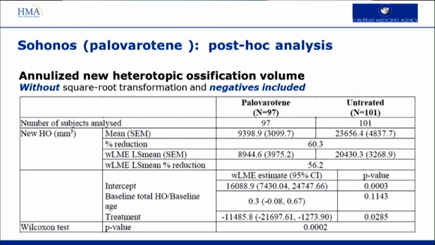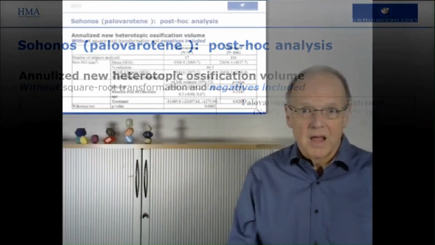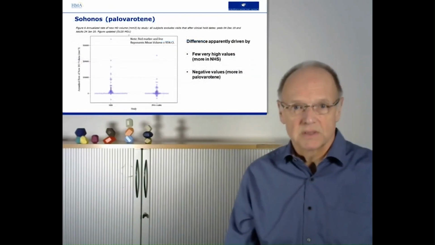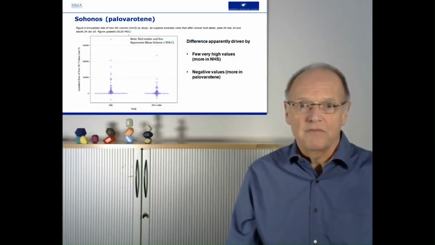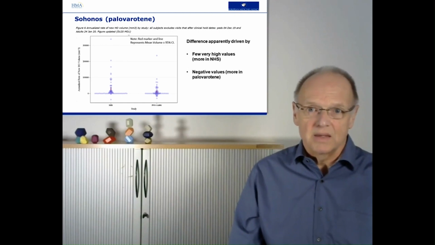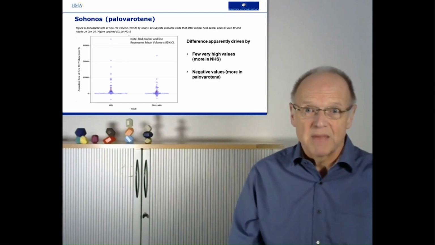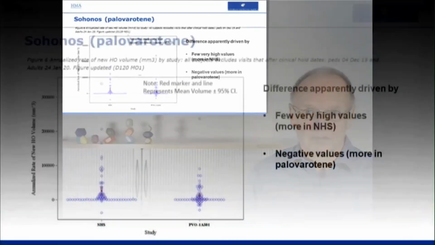And now, in this post hoc analysis, there seemed to be a very clear treatment effect with an outstanding statistical significance. Looking then at the data for individual patients, it became very clear why extreme outliers and negative values for heterotopic bone formation make such a difference.